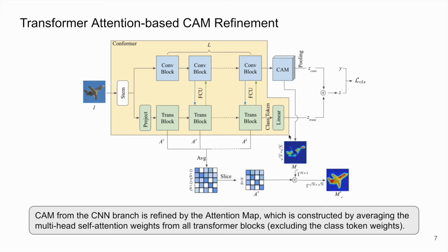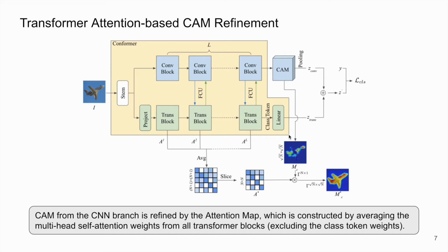Then we refine the CAM with the attention map. The attention map is constructed by averaging the multi-head self-attention weights from all transformer blocks and excluding the class tokens. We observe that the attention map captures both low and high level feature affinities.